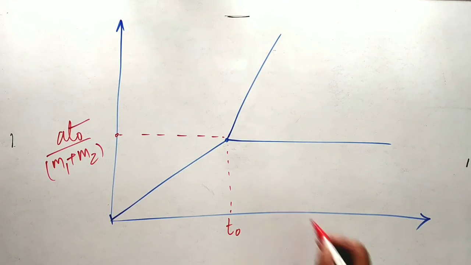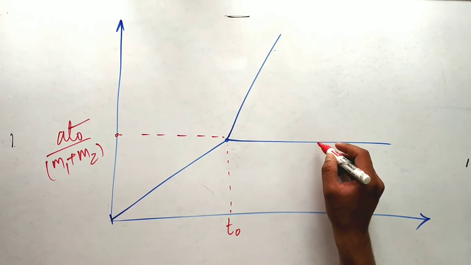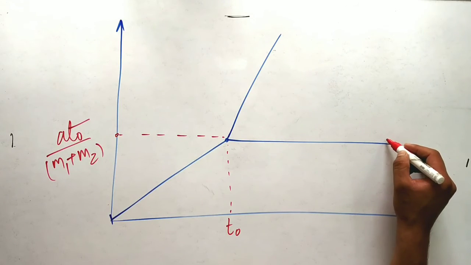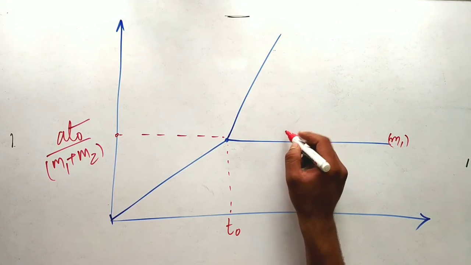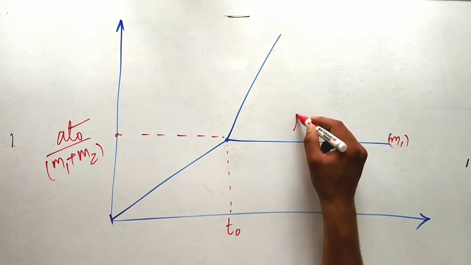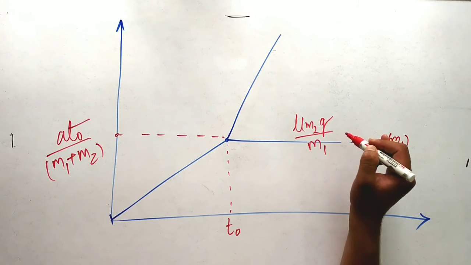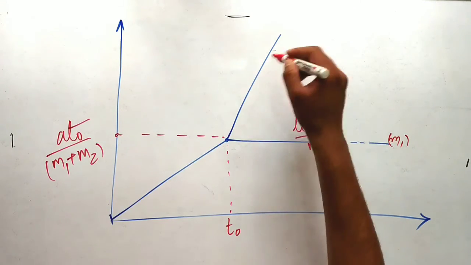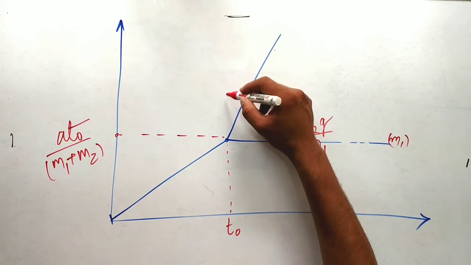This is the value of the acceleration of the mass m1, the value of which is equal to mu m2 g divided by m1, and this is the value of the second block m2.